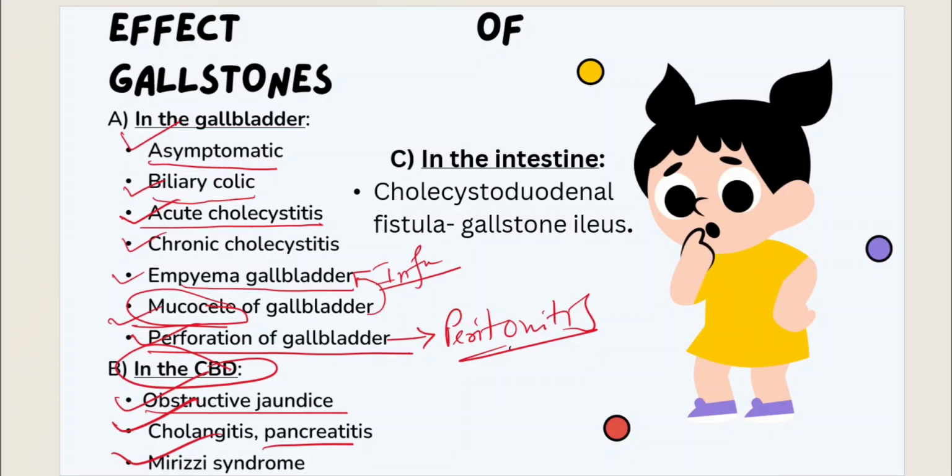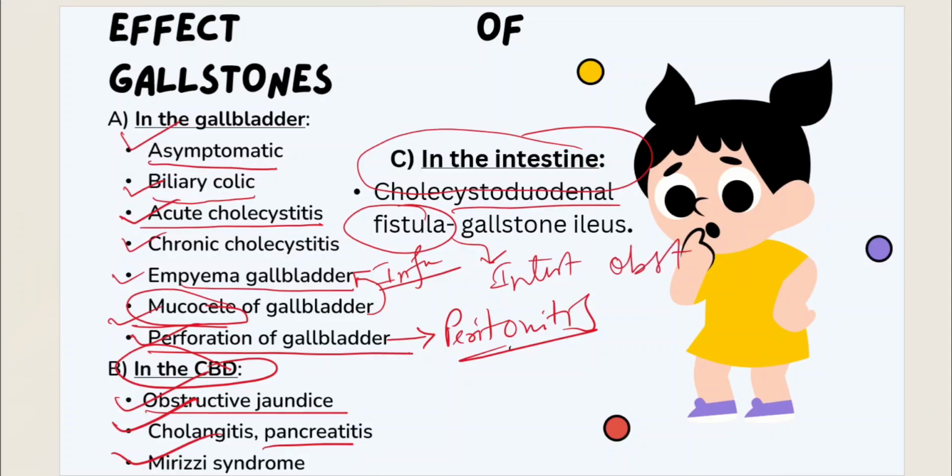In the intestine, a gallstone larger than 2.5 centimeters may perforate and form a fistula called cholecystoduodenal fistula, and the symptoms are usually similar to intestinal obstruction. That is why it is also known as gallstone ileus.